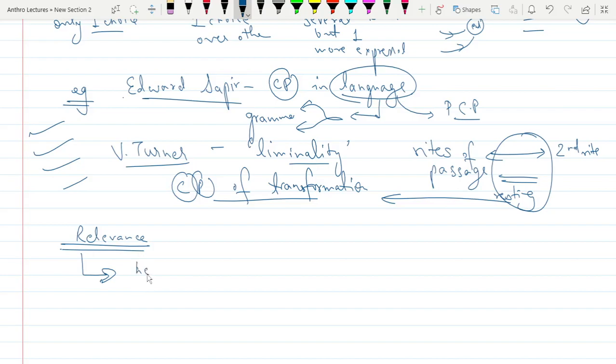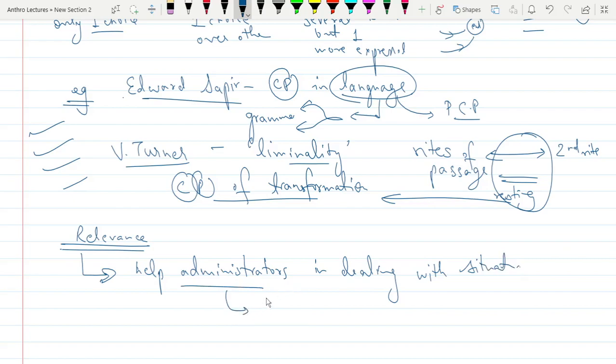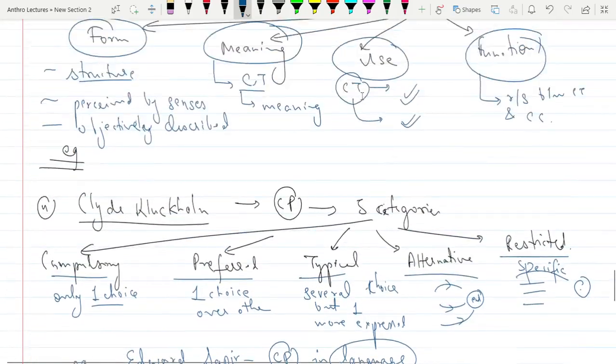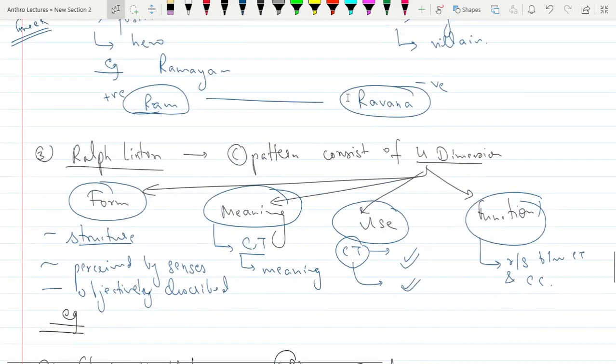So it will help administrators in dealing with situations. This becomes very important when we talk about Northeast India, the regions of the Chotanagpur Plateau, or even the Andaman and Nicobar Islands. So this is all about the patterns of culture.